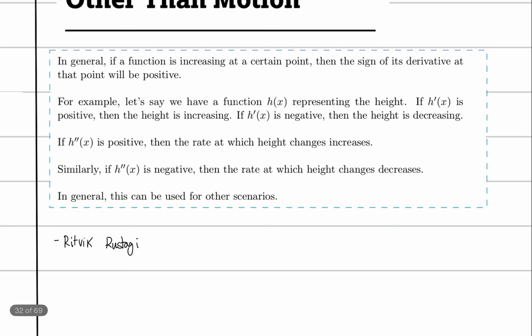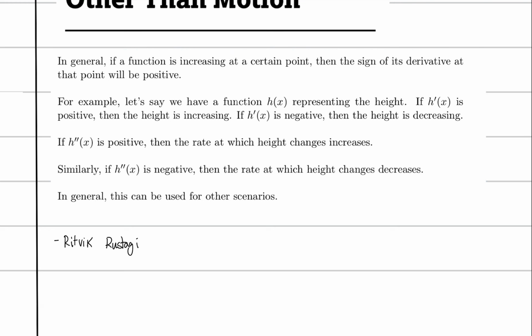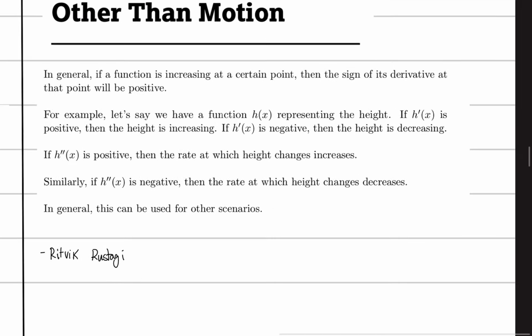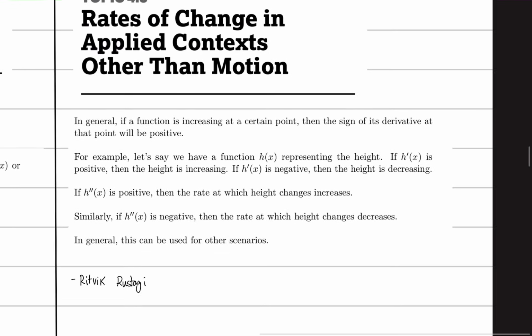So if we say h of x is a function representing a height, if h prime is positive, the height is increasing. If h prime is negative, the height is decreasing. If h double prime is positive, the rate at which the height changes, which is h prime, increases. Similarly, if negative, the rate at which it changes decreases. You don't have to use it specifically for height.